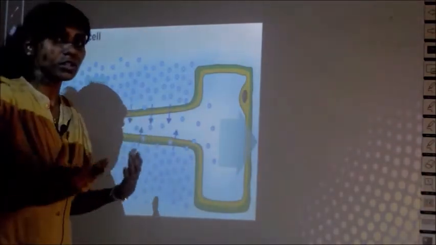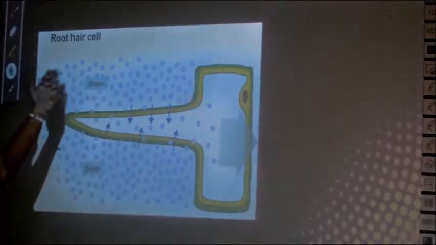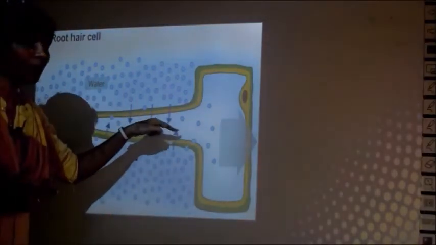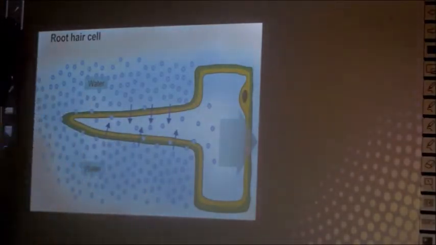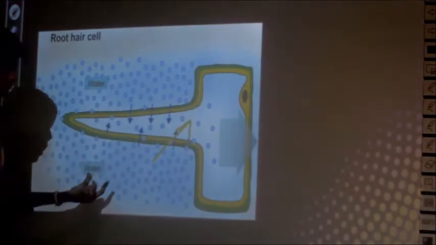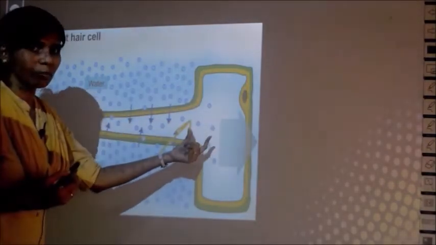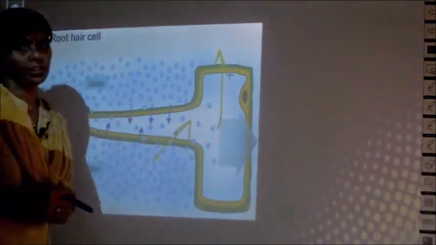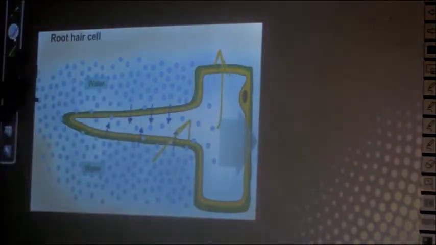So by the process of osmosis, water from the soil, that is where there is more water, is moving into the place where there is less water. Osmosis is movement of water molecules from more water molecule area to less water molecule area. This is how the plant will take water. So this is the example for osmosis.